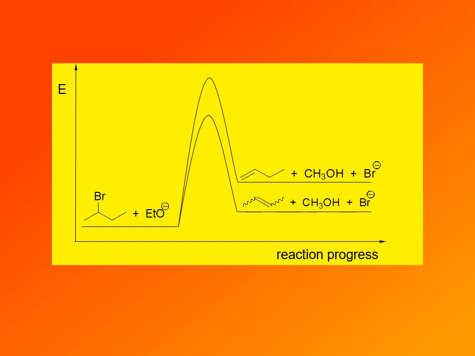So since more stable double bond is lower in energy compared to less stable, less substituted double bond, so more substituted, in this case disubstituted double bond, is lower energy compared to monosubstituted double bond. That means that also transition state that leads to formation of more substituted double bond is lower energy compared to transition state that leads to formation of less substituted double bond. And so formation of more substituted double bond is both kinetically and thermodynamically favored. This process is kinetically controlled.